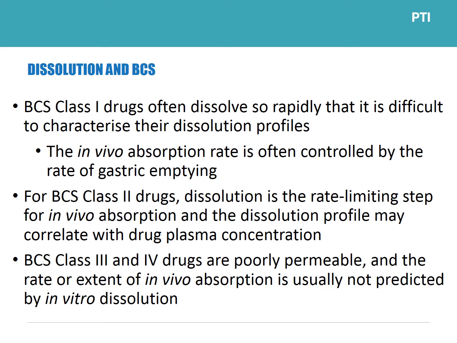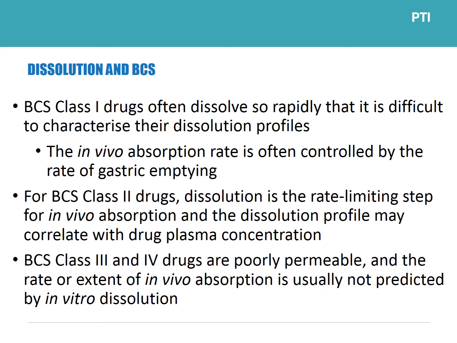For BCS class 2 drugs, dissolution is the rate limiting step for in vivo absorption. So we might expect the dissolution profile to correlate with drug plasma concentration. And you may have heard the expression in vitro in vivo correlation, which is where we establish a quantitative correlation between in vitro dissolution and in vivo absorption, uptake of the drug in the body.